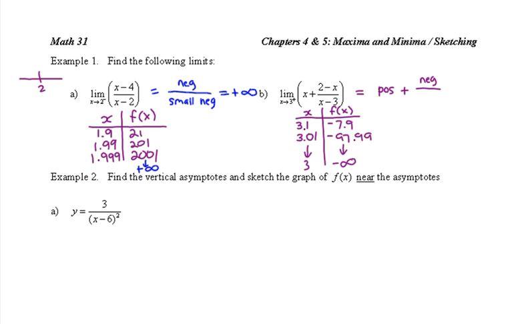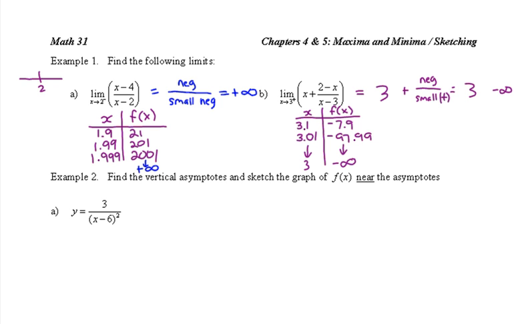So 3.00001 minus 3, is that going to be a positive or a negative? A small positive. Okay? And so this part, we get a positive number. Remember this was 3? Pretty close to 3.